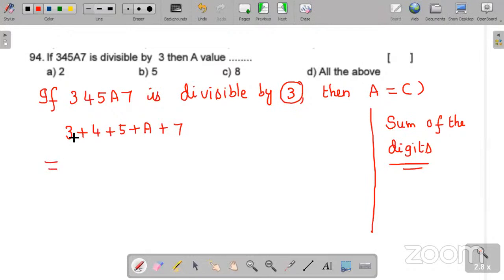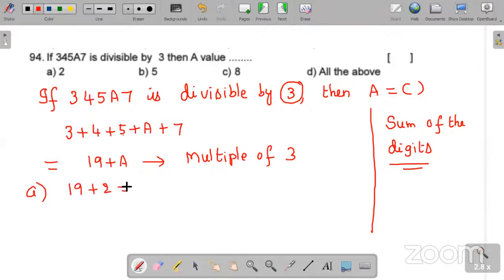So this equals 3 plus 4 is 7, 12, 19 plus a. That means 19 plus a must be a multiple of 3. First go for option A. 19 plus 2 is 21.